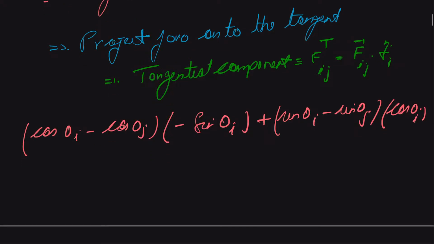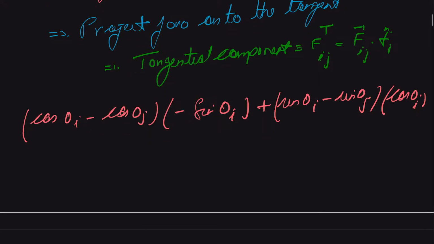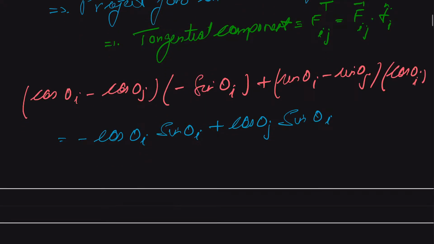And this we can expand further, and this will give us minus cos of theta i sine of theta i plus cos of theta j sine of theta i, plus sine of theta i cos of theta i minus sine of theta j cos of theta i.